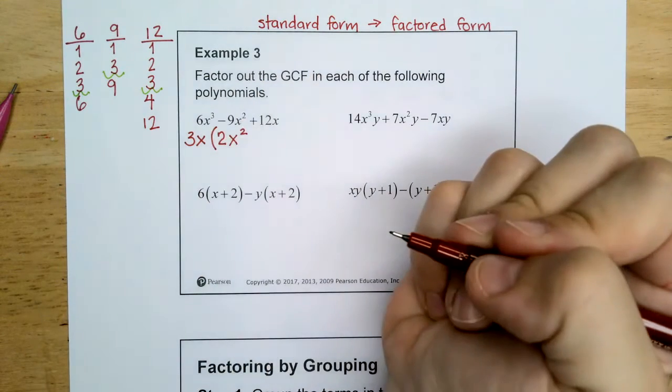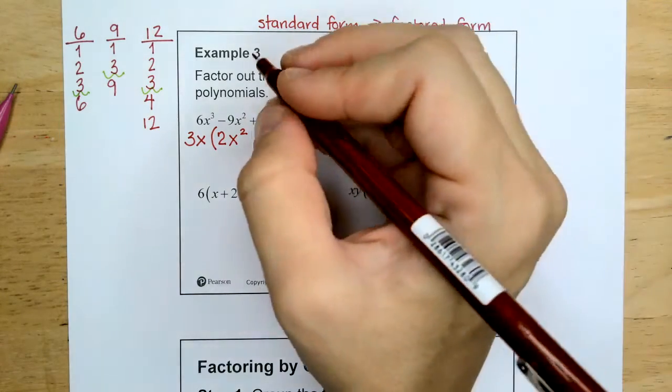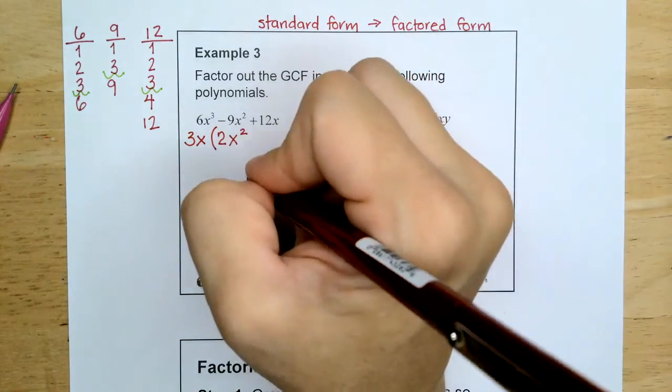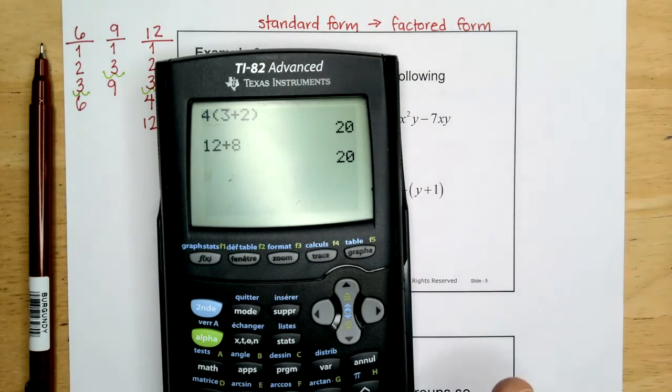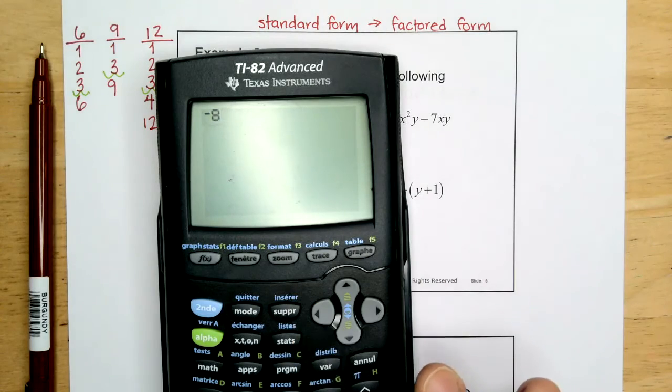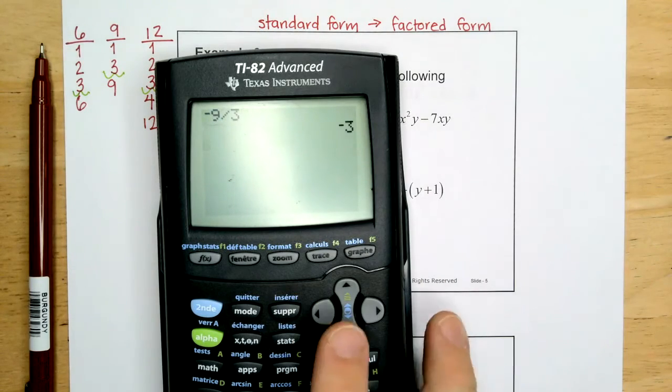Negative 9x squared divided by 3x. Negative 9 divided by 3 is negative 3.